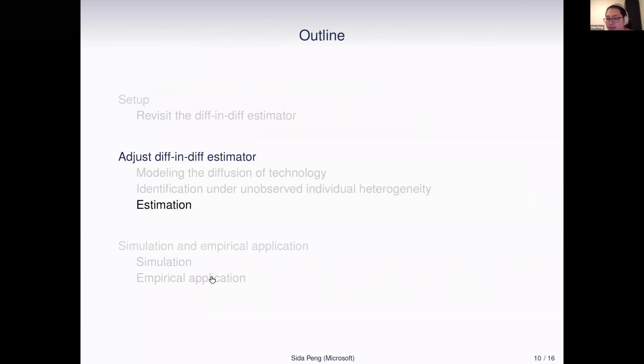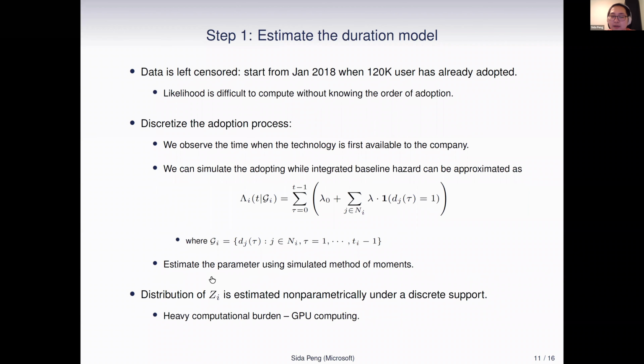Okay. So let me now formalize the estimation procedure I just talked about, and also highlight some of the challenges we met. The first step is that we estimate this duration model. One of the first challenges we met here is that the data is left censored. The data starts in January 2018, but at that time there are already 120K users who have already adopted.